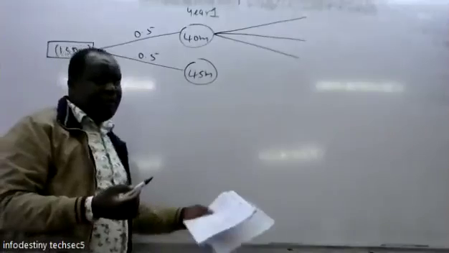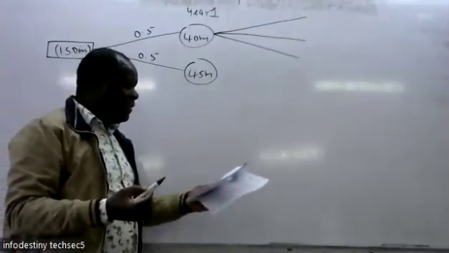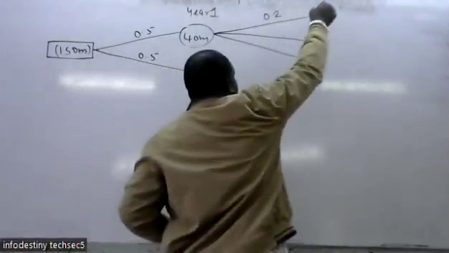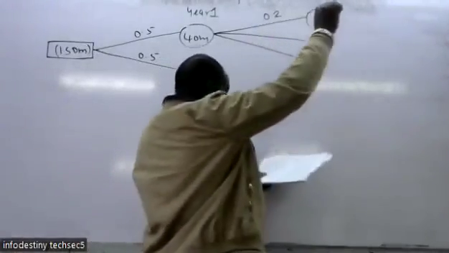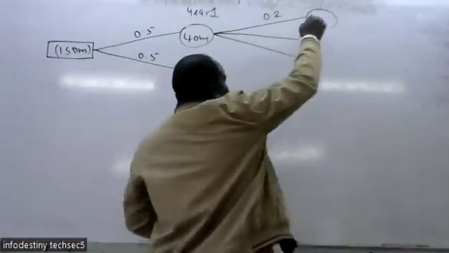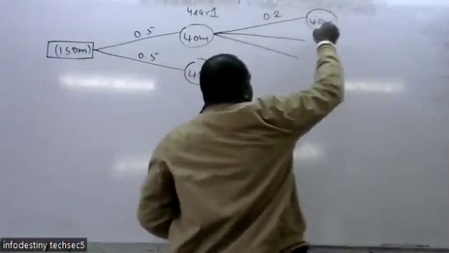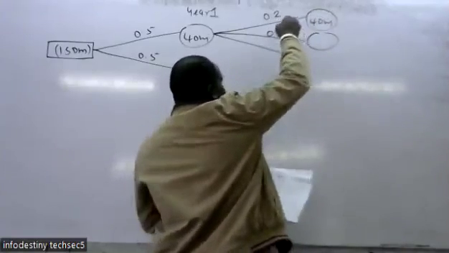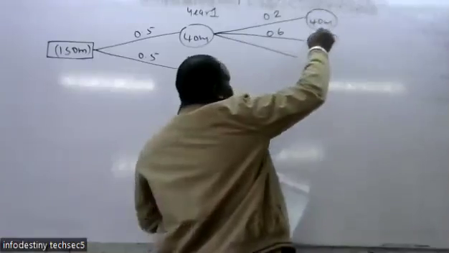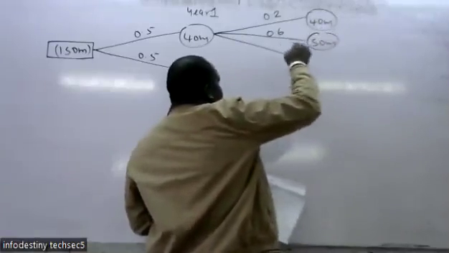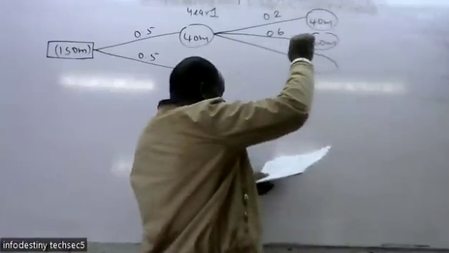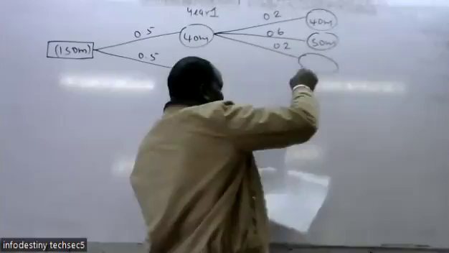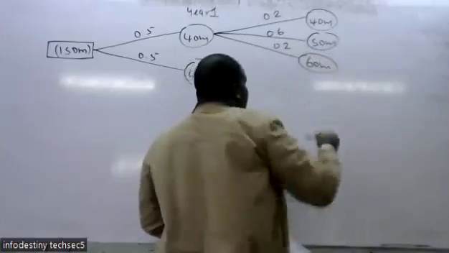The first one has 0.2 of gaining 40 millions, 0.6 of getting 15 millions, and 0.2 of coming up with 60 millions.